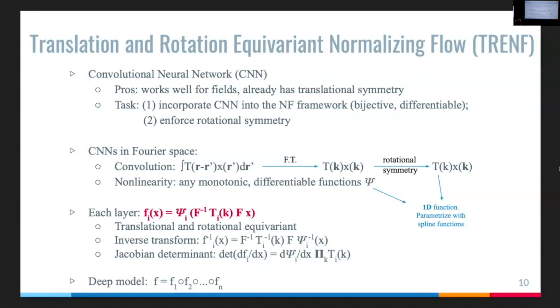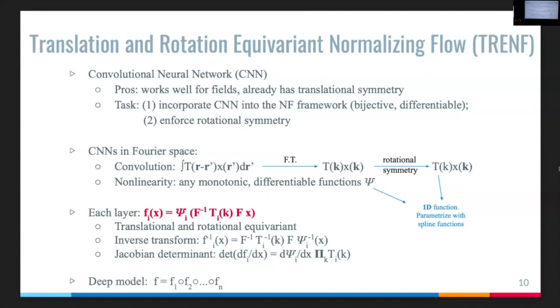So finally, to summarize, the transformation of each layer can be written using this red equation, where we take the data X, transform it to the Fourier space, multiply it with kernel T, transform it back, and then apply the activation function psi.